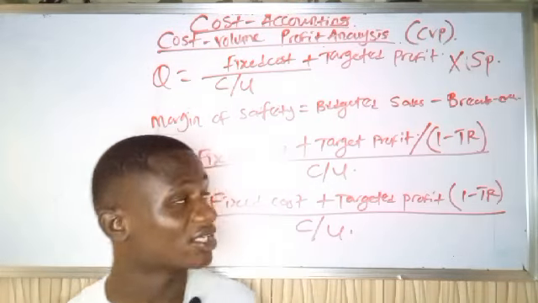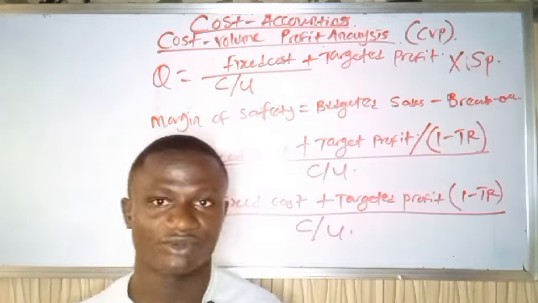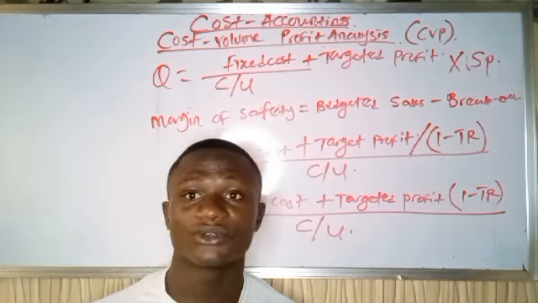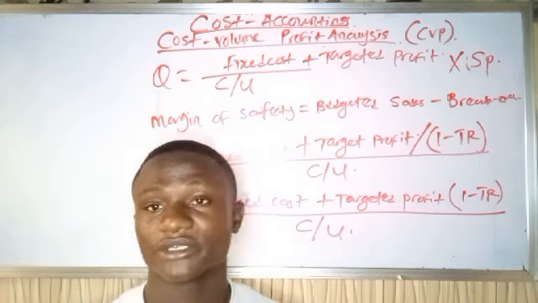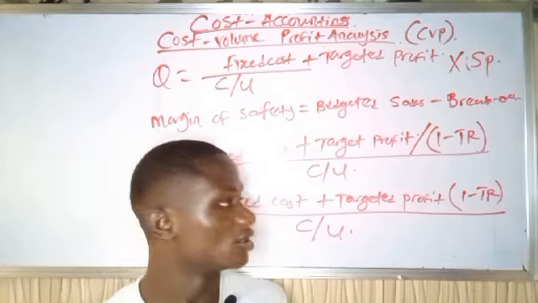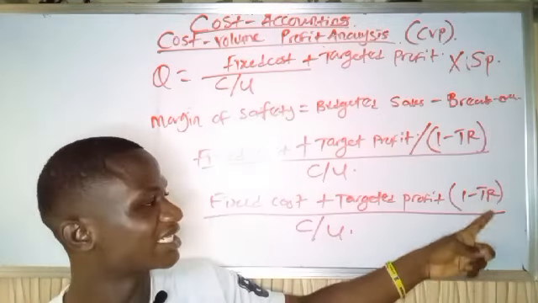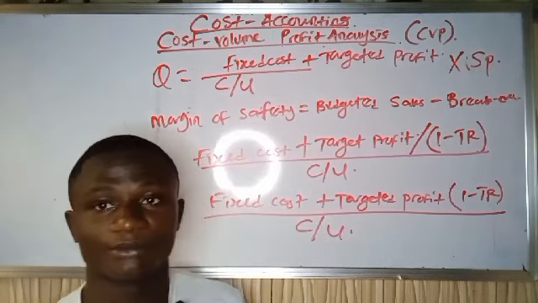You want to make a profit of 200,000, you divide the targeted profit by 1 minus the tax rate. But if it is before the tax, you just want to make 1 million naira, whether you pay tax of 200,000 or not, you don't care, but I want to make 1 million naira as profit. So that will be 1 minus the tax rate multiplied by the target profit, divided by the contribution per unit.